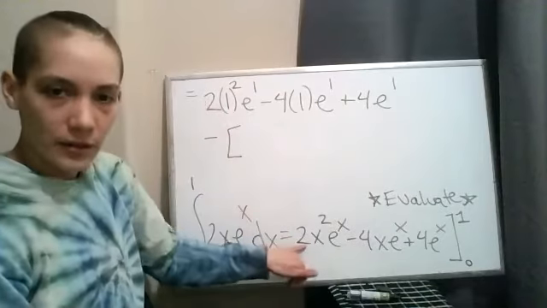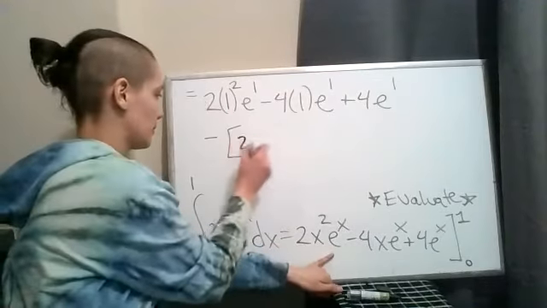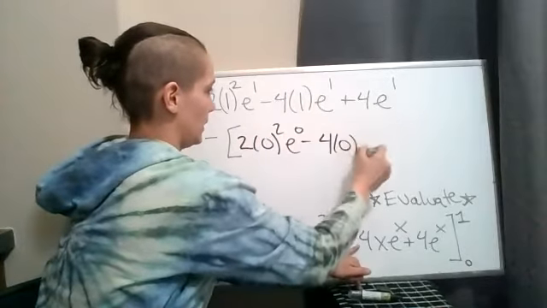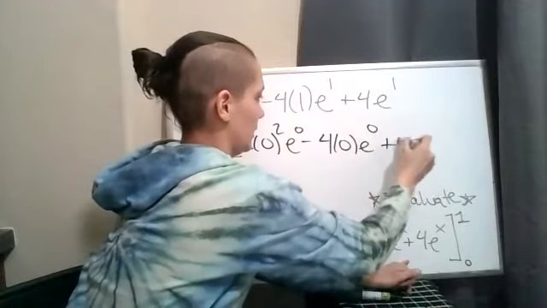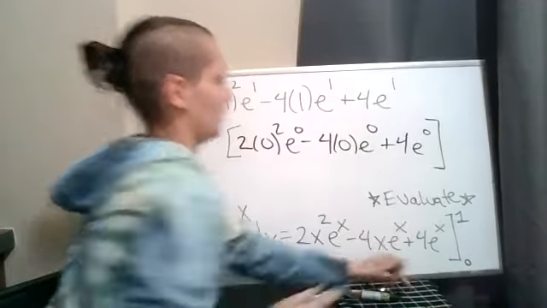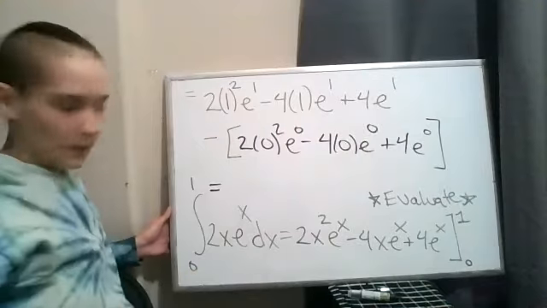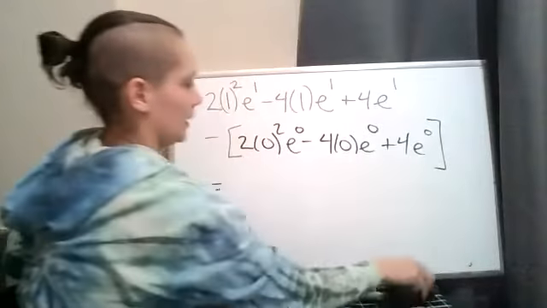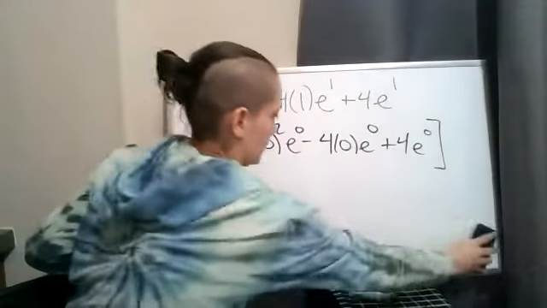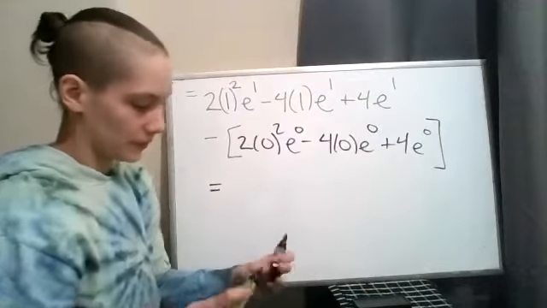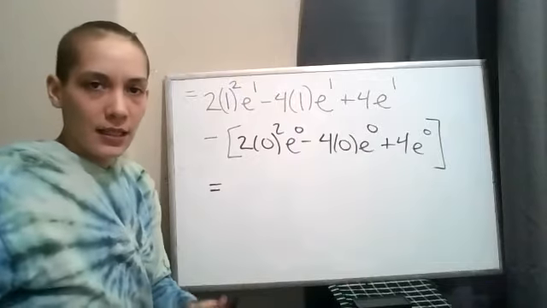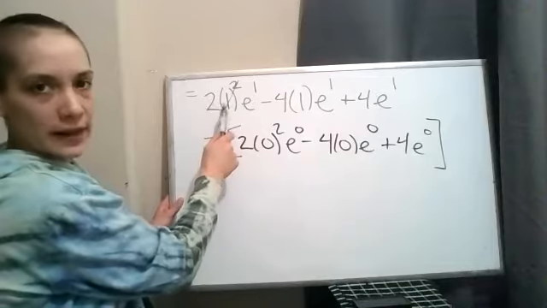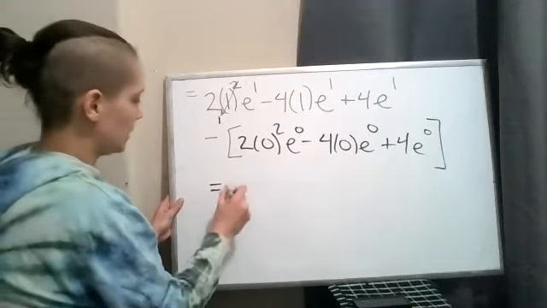Put in 0, so 2 times 0 squared e to the power 0. Subtract this 4 times 0 e to the 0. Add 4 e to the 0. Right, then this would be 1 right here. 2 times 1 times e is 2e.